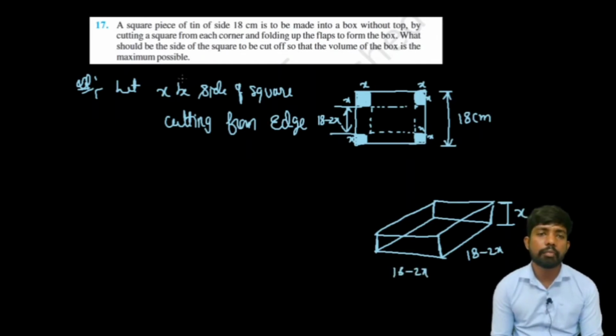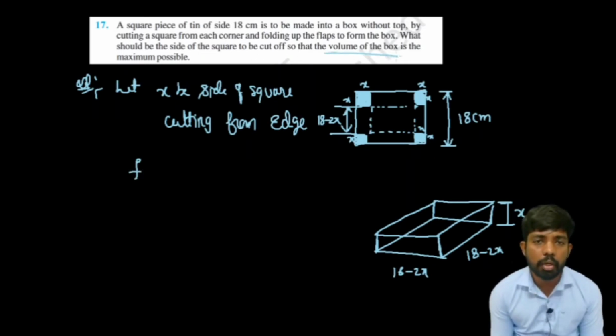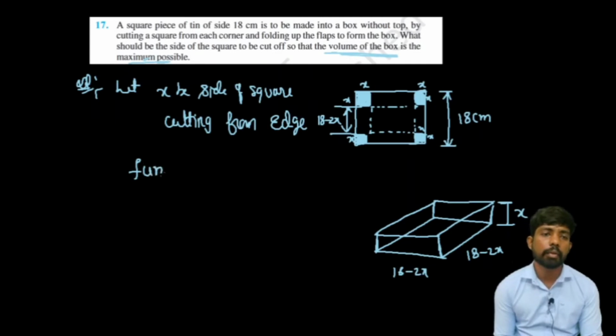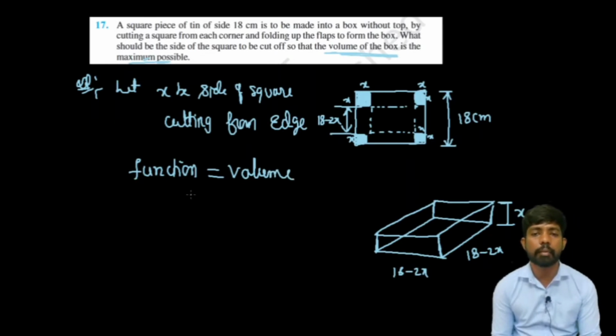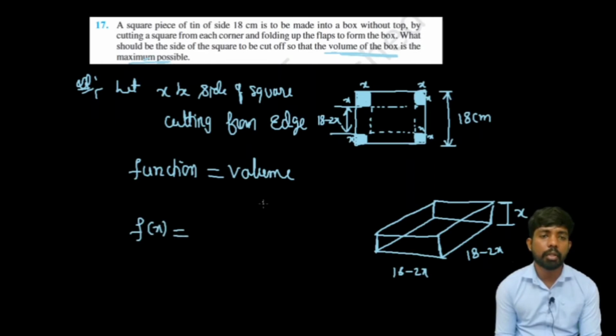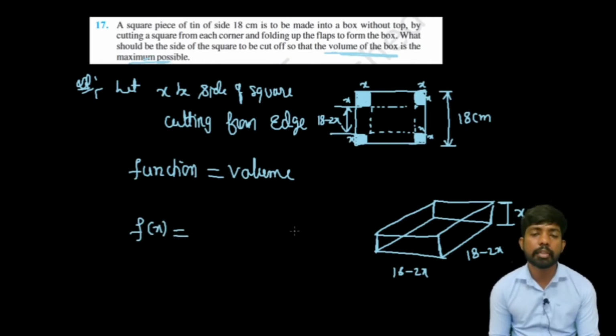Therefore here the function is volume, right? What is being asked? Volume to be the maximum. So the function is volume. Let us consider the function as f of x, the volume. Volume of the box is length into breadth into height.